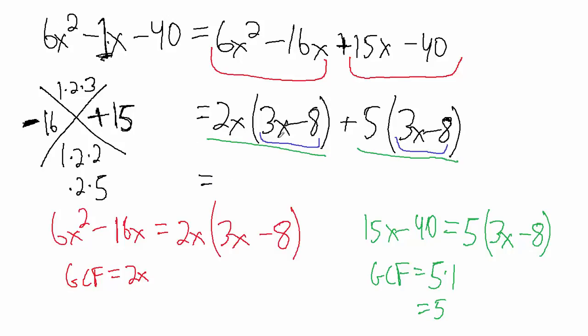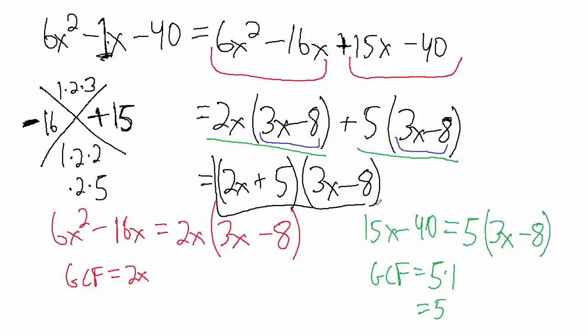So if we factor out that common factor of 3x minus 8, what we end up with is this 2x plus that 5, and then multiplied by the 3x minus 8. And that's our answer for this example here. So 6x squared minus x minus 40, we can factor that into 2x plus 5 times 3x minus 8.